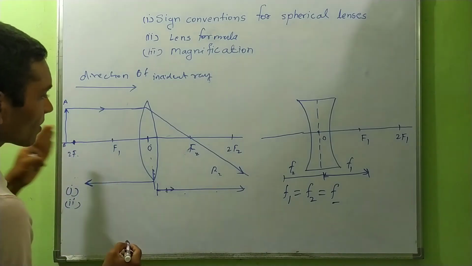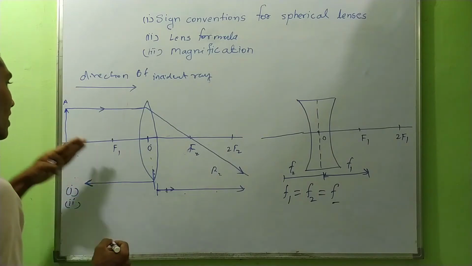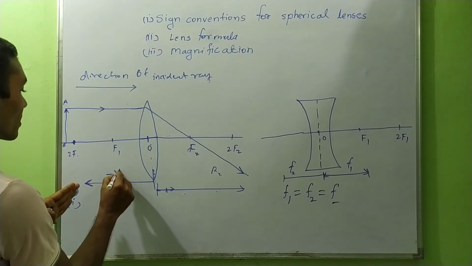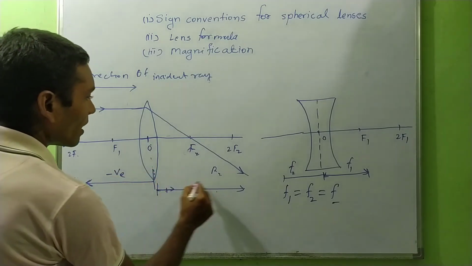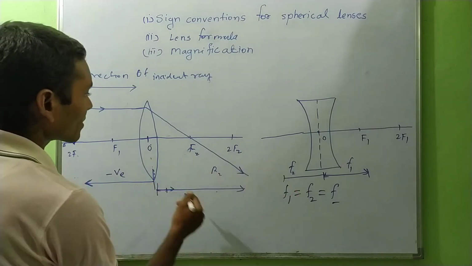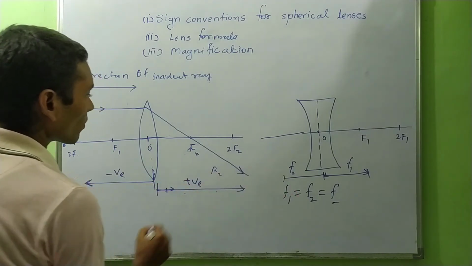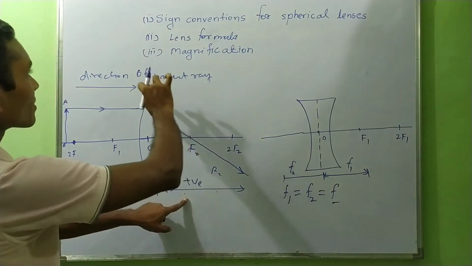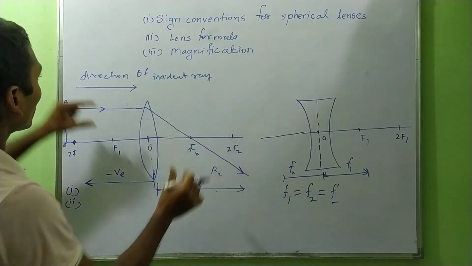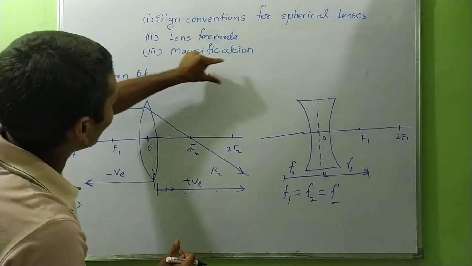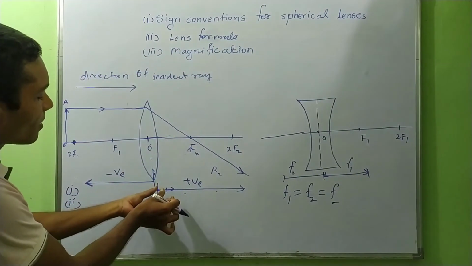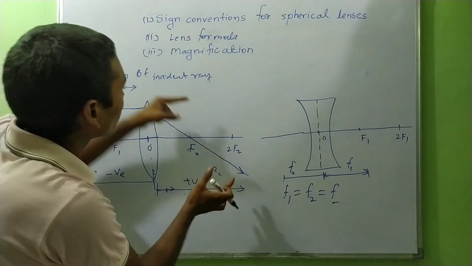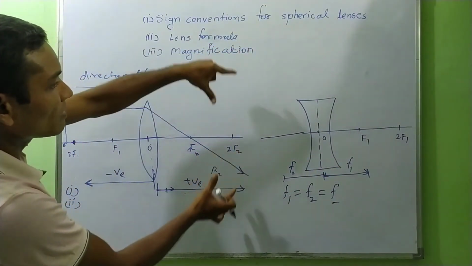All the distances measured in the left hand side of the lens will be negative, and the distances in the right hand side will be positive, because these distances are measured in the same direction as the incident ray.